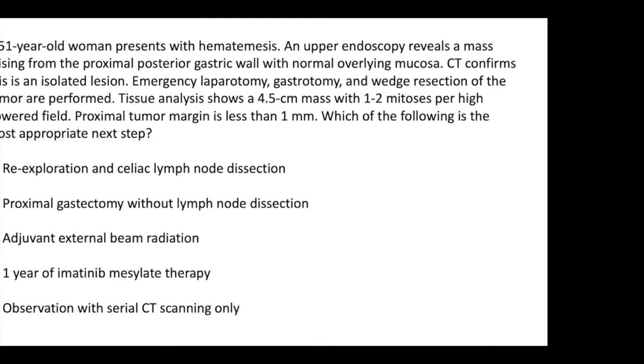Tissue analysis shows a 4.5 centimeter mass with 1 to 2 mitoses per high powered field. Proximal tumor margin is less than 1 millimeter. Which of the following is the most appropriate next step? Exploration, celiac dissection, proximal gastrectomy without lymph node dissection, adjuvant external beam radiation, or 1 year observation with serial CT scan.